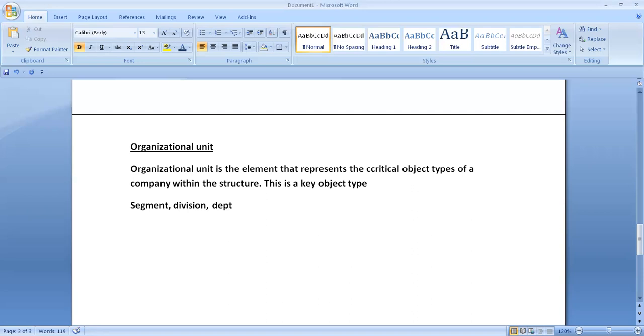So the important point to be noted here is that under one organizational unit, one or more organizational units can be maintained.